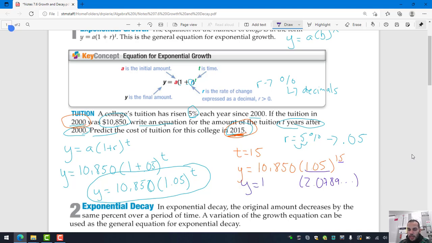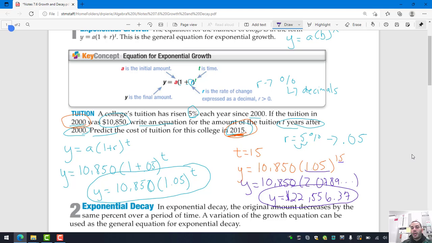All you're going to do is take that number and multiply it by 10,850, and you should get this new y value: y is equal to 22,556. And because we're dealing with money, we can go to 2 decimal places. We'll call it 37 cents.